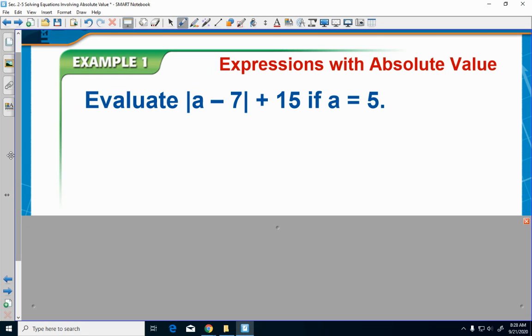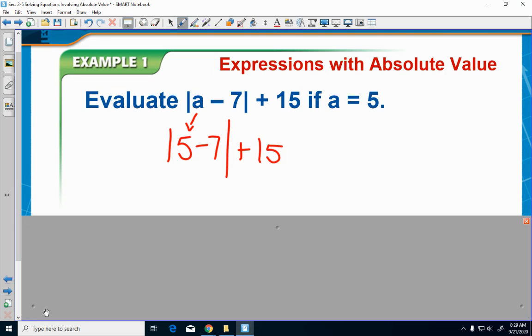Correct. Well, so this result inside the absolute value, if we substitute in that value of 5 there, we get 5 minus 7. We will treat those absolute values the exact same way you would treat parentheses, so we'll work inside of them first.